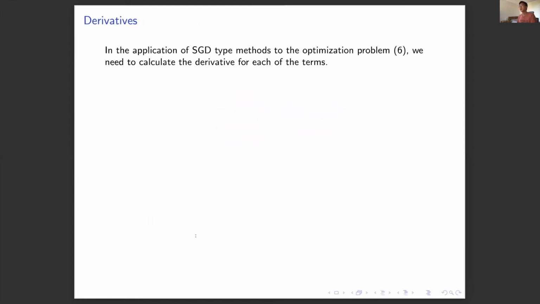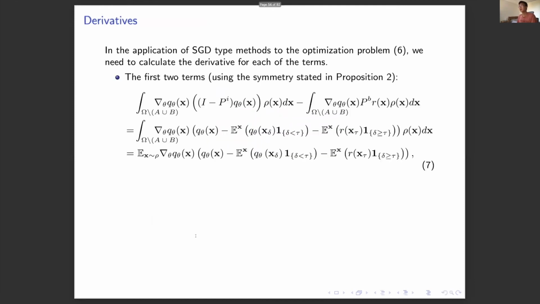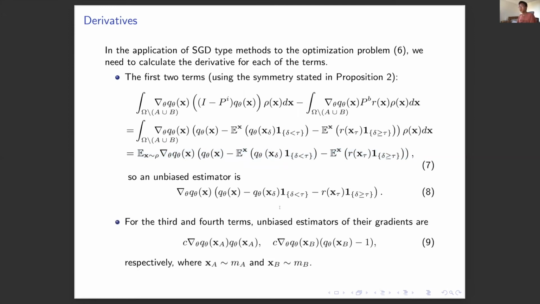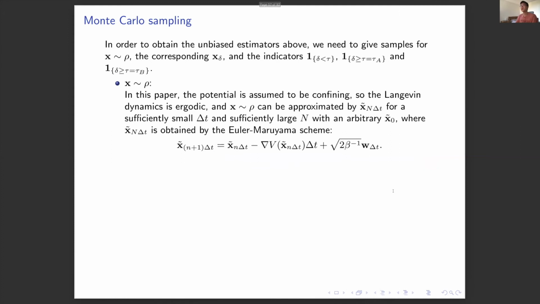Okay. And in order to implement SGD type methods, we need to calculate derivatives. So luckily, these derivatives can be expressed by an expectation taken with respect to x and x_delta. So in order to give an unbiased estimator, we only need to give samples of x and x_delta.